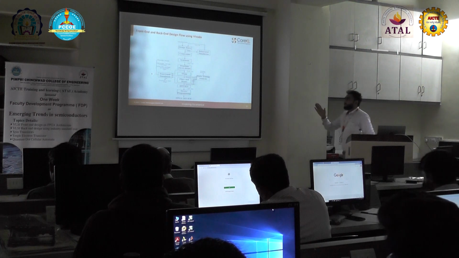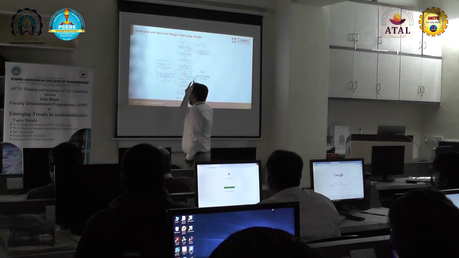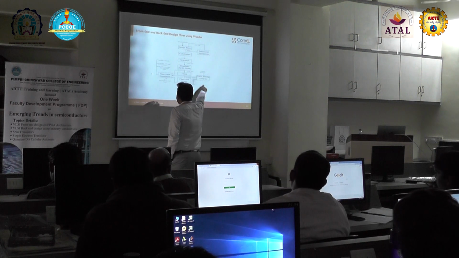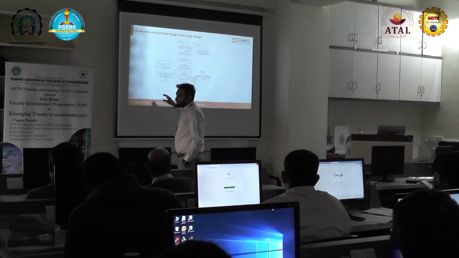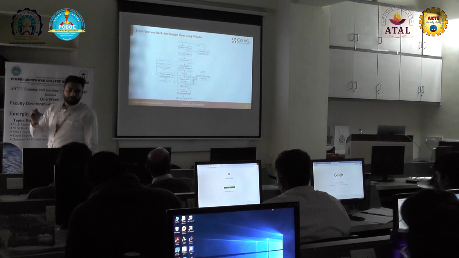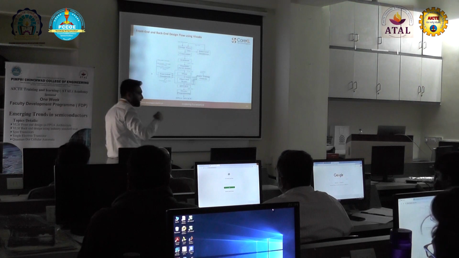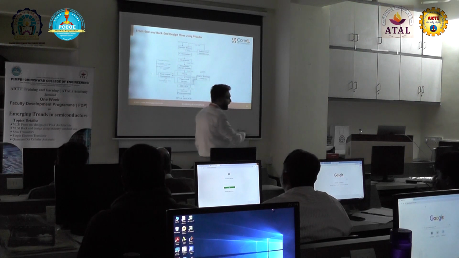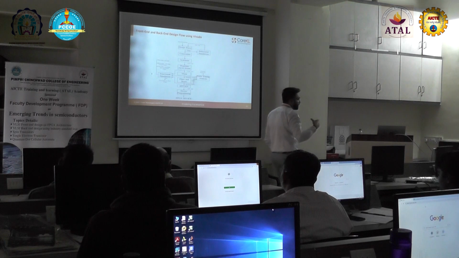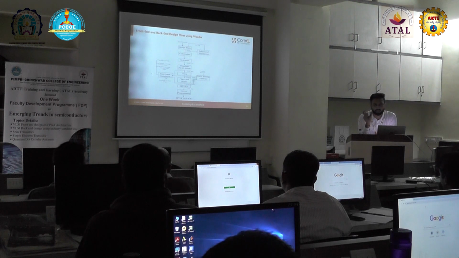So in this, the back end work starts from the implementation stage. Here, after synthesis, in the implementation stage, IO planning, floor planning, and timing analysis will all be done. In ASIC designs, compared to FPGA, you are going to do the IO planning and floor planning by yourself.